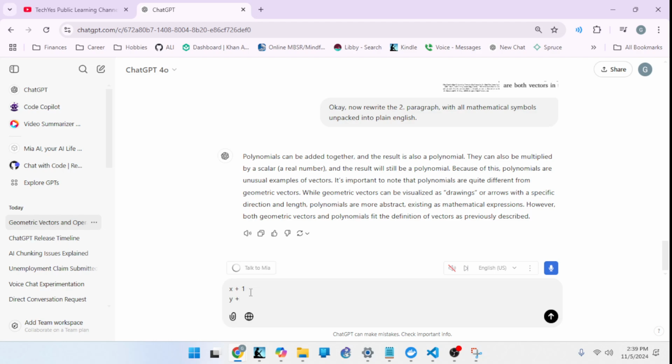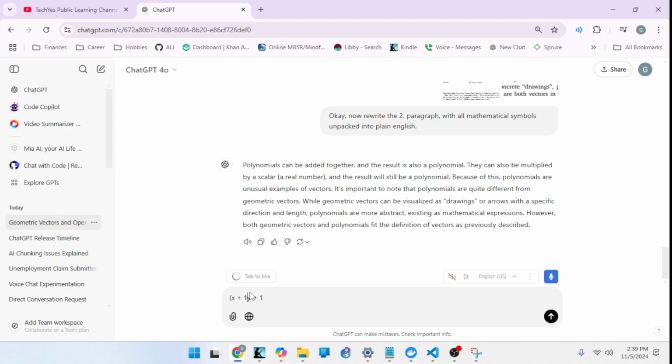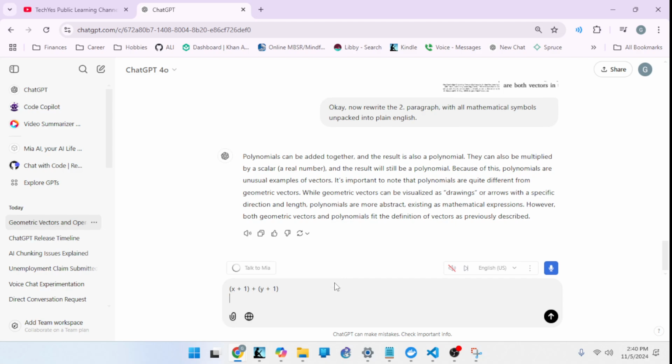Let's go with y. So the second polynomial is y plus 1. We can add these two polynomials together, and this is still a polynomial, and we can reduce it just by dropping the parentheses, so we get x plus y plus 2 as the new polynomial.